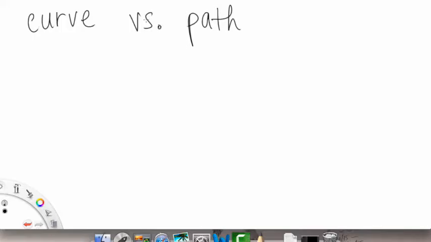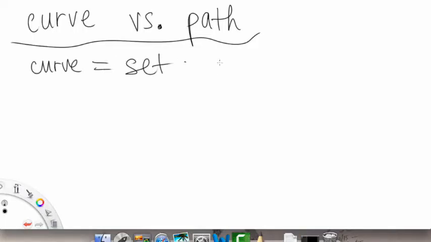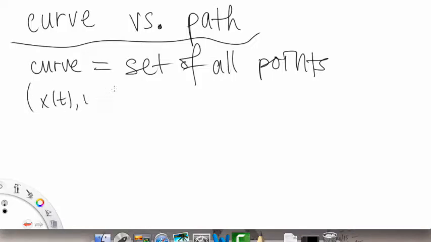Now I'm going to explain the difference between a curve versus a path. This is more or less a technical distinction, not differentiation as in deriving something, but just a distinction here. A curve is a set of all points. So that would be more or less our x of t, y of t, and z of t.